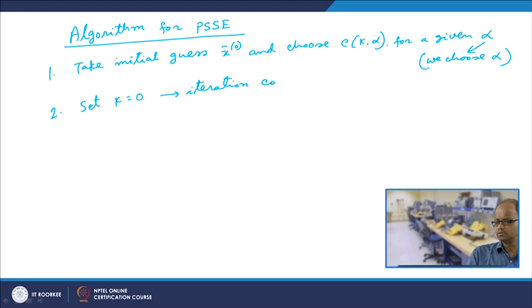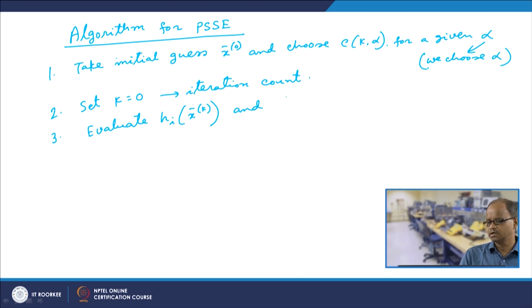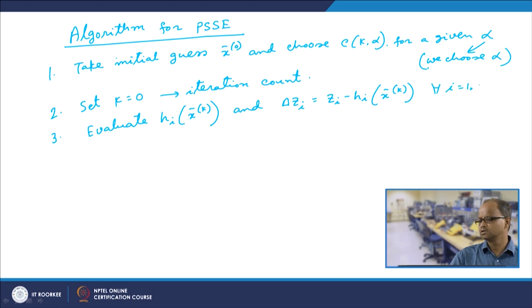Then we evaluate h i at x k, and from that delta z i is equal to z i minus h i at x k, for all i equal to 1 to m. m is the number of measurements.